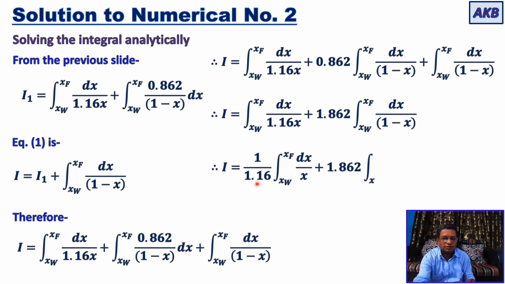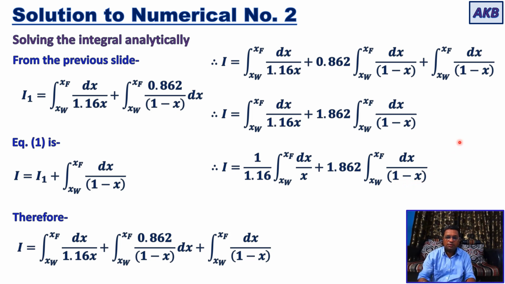Okay, then constant, let us take the constants out. For the first term, the result will be I is equal to 1 upon 1.16 integration from xw to xf dx upon x plus 1.862 integration from xw to xf dx upon 1 minus x.